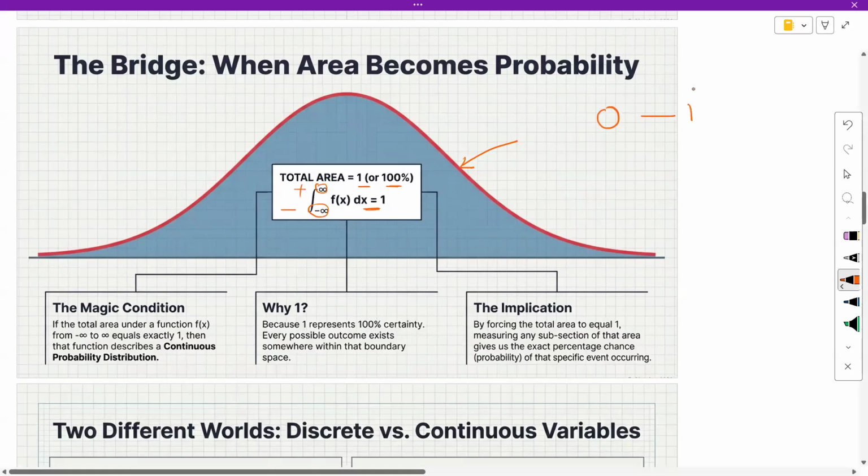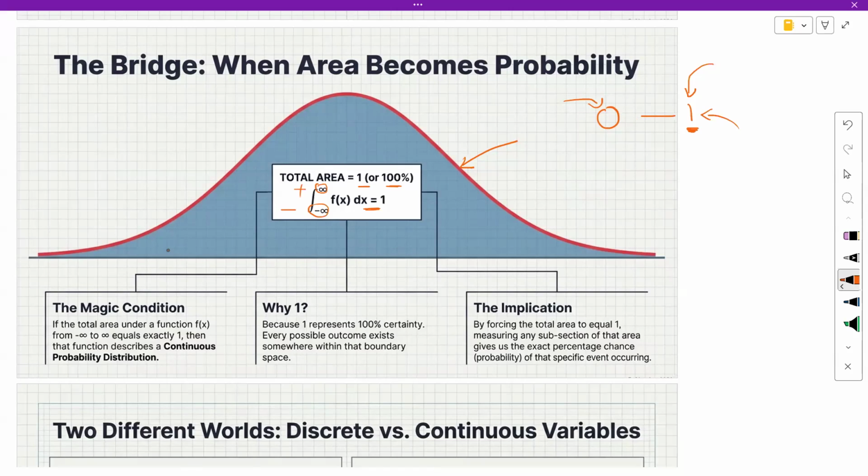We use the area under the curve to find the probability, and we restrict the maximum value of the probability to 1. So we limit the area under the curve to a maximum of 1, and it never goes below 0. It means no negative value. Probability has no negative value.